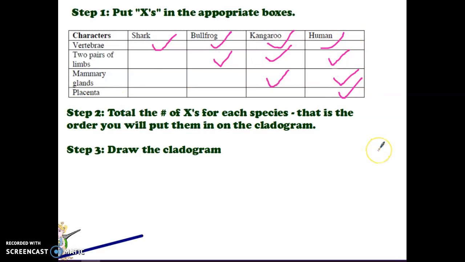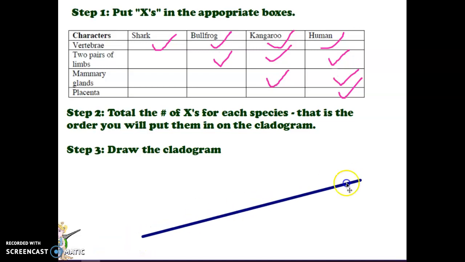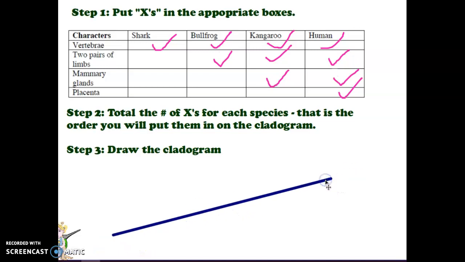So y'all, they're not always going to be like this, but this shows the order. The shark's going to be first, the frog second, the kangaroo third, and the human last. So what you do is you take yourself a diagonal line, and then you're just going to put them in this order. So let me put the human here. Actually, let me move this down a little.